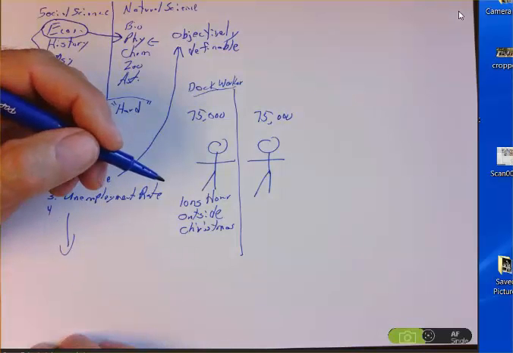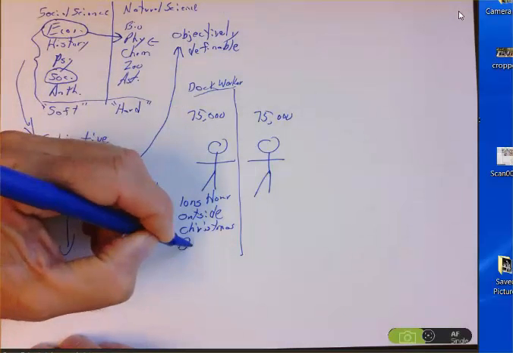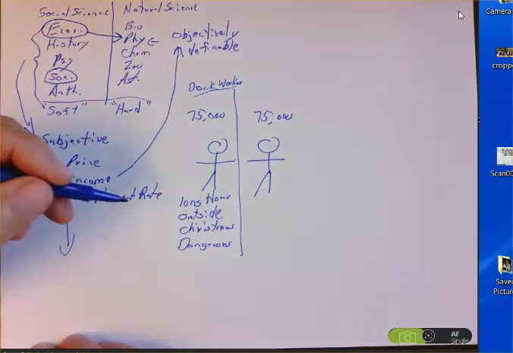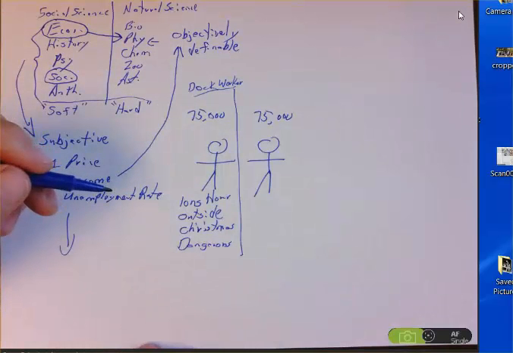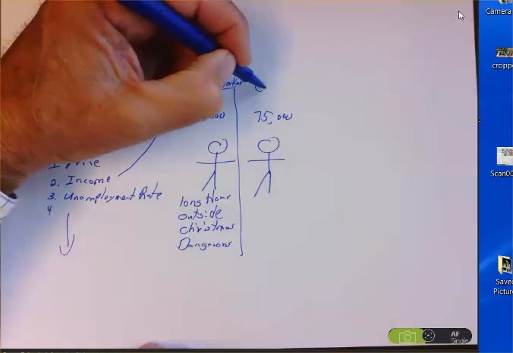They can't really surf the internet because that would be shirking their duties on the dock. They'd probably be fired for doing things like that. The work is kind of dangerous, and so forth. Okay, now let's let this other worker who also makes $75,000 a year be a college professor.